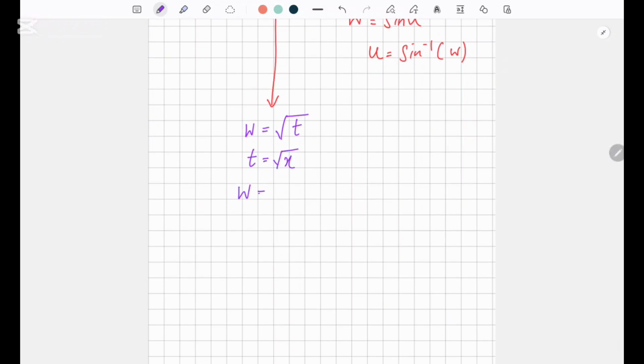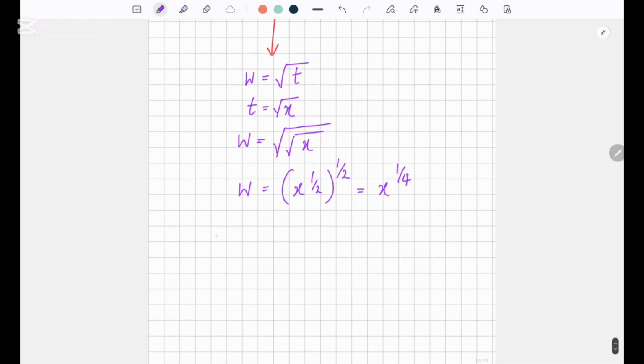So w equals root of root x, which is x to the power half to the power half, so w equals x to the power 1 over 4. So your final answer is 4 sine inverse x to the power 1 over 4 plus c. Easy peasy.